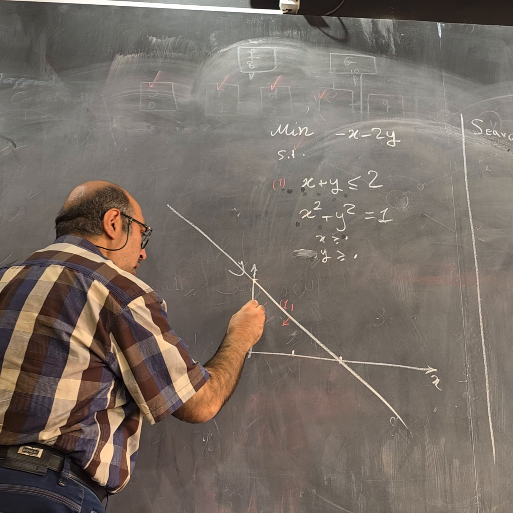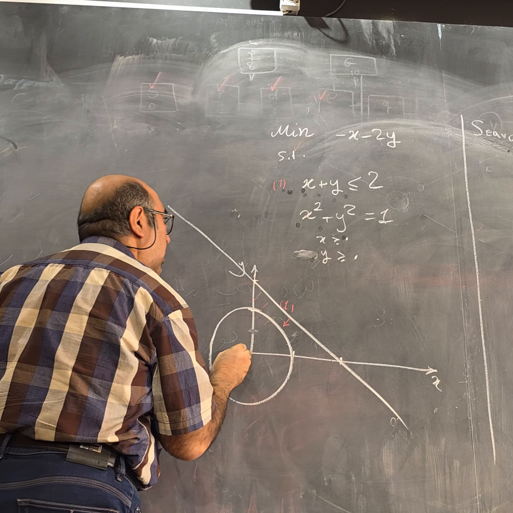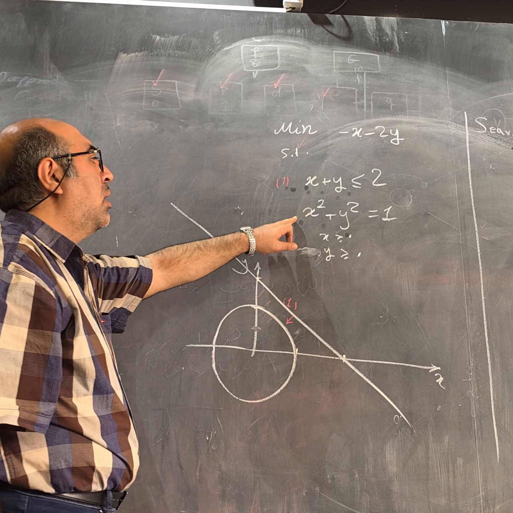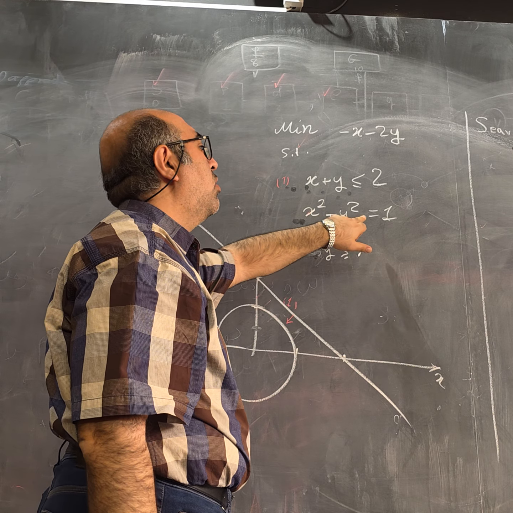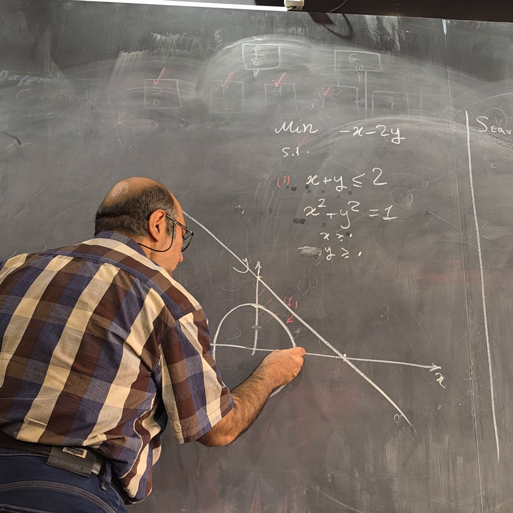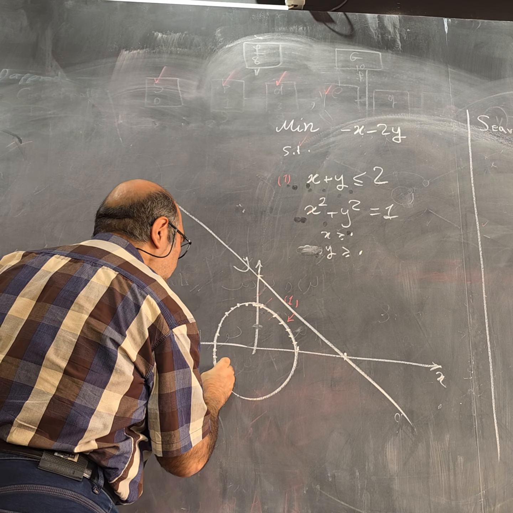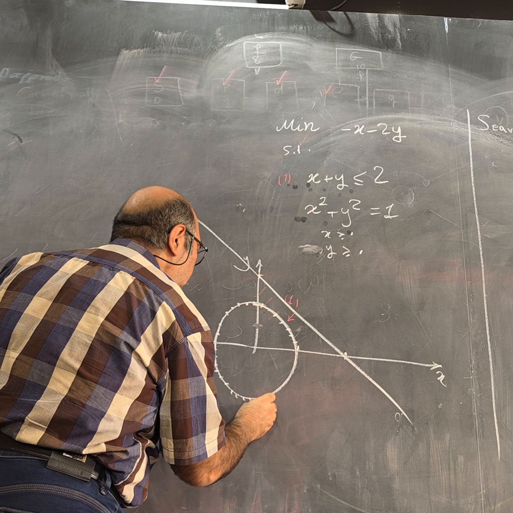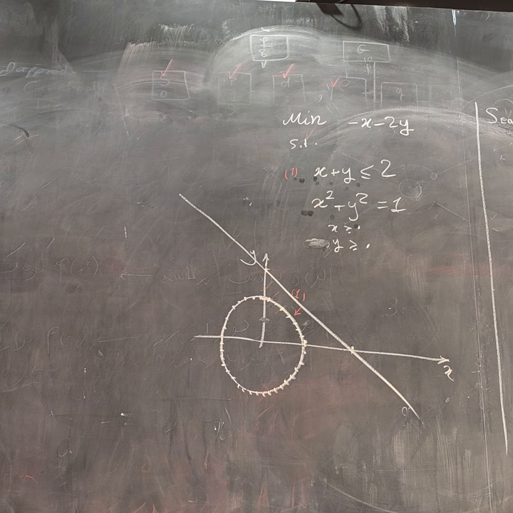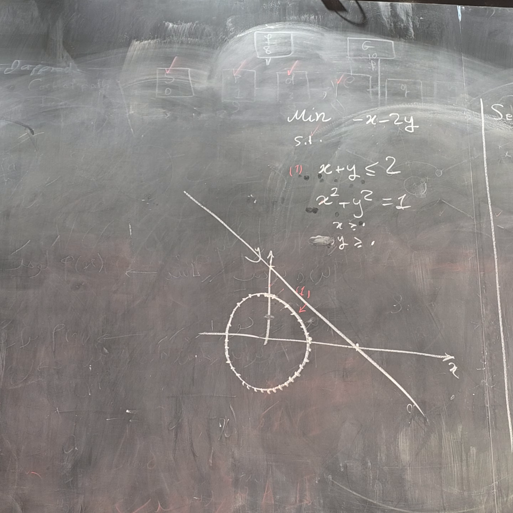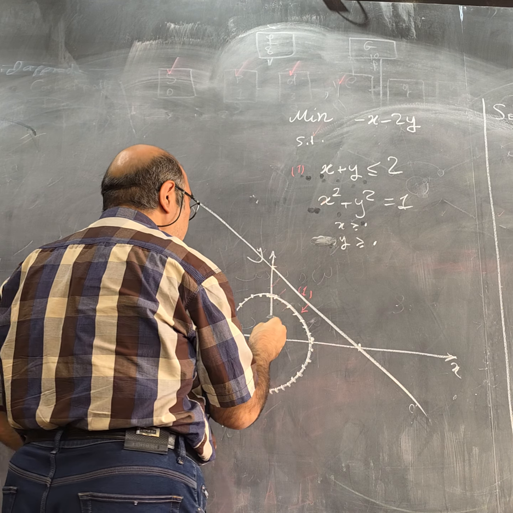This is a circle. You should draw x squared plus y squared equal to 1, just the circle, and x, this is 2.